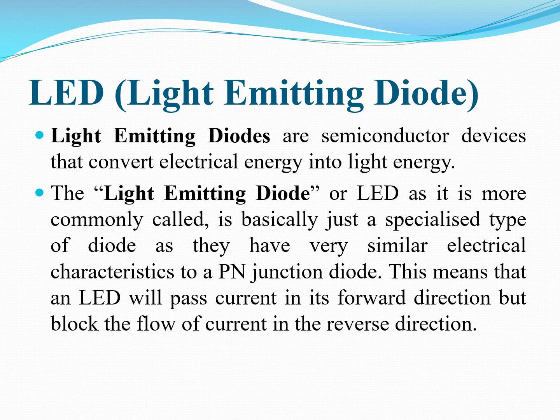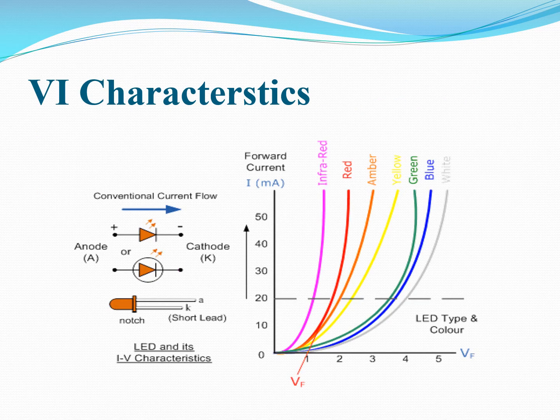This means that an LED will pass current in its forward direction but block the flow of current in the reverse direction. It means it is also used in forward biasing only. And this is the symbol, and you can see its VI characteristics at different voltage and current levels. It will give you different colors.